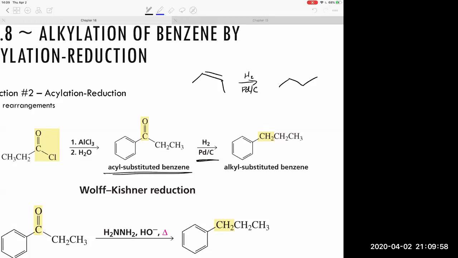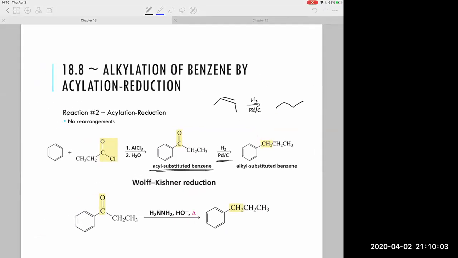The other thing to note about this hydrogen gas and palladium catalyst is it only works if your carbonyl group is next to the benzene ring. Okay, if that carbonyl group is further away than just one removed, it's not going to reduce it.